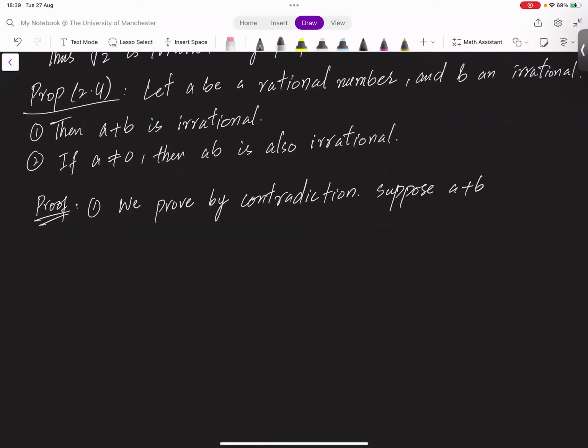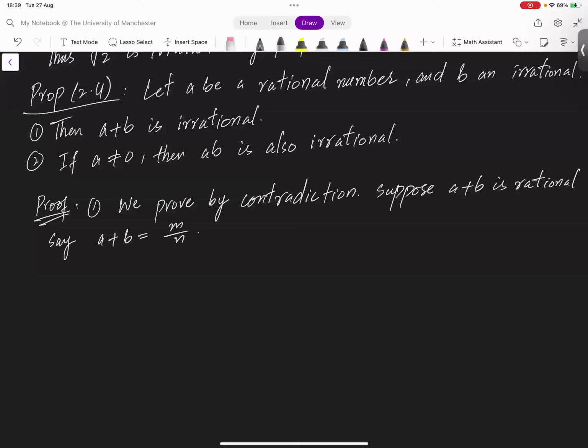Suppose a plus b is rational, say a plus b can be written as m over n.